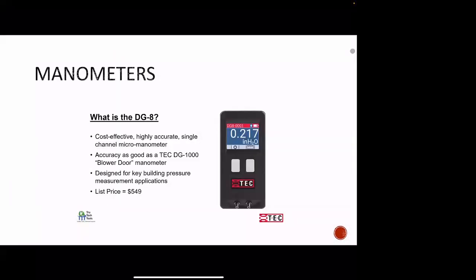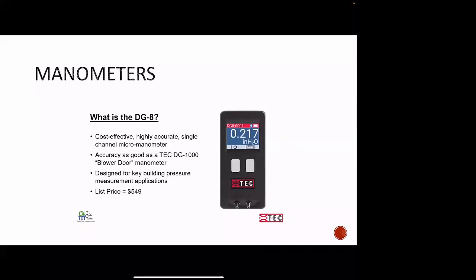Let's talk about a manometer that you could get, that you could test with without a blower door. This is thanks to TEC, the Energy Conservatory, and TrueTech Tools. They did an awesome presentation last week regarding this manometer. It's new. It's called the DG8 by TEC.